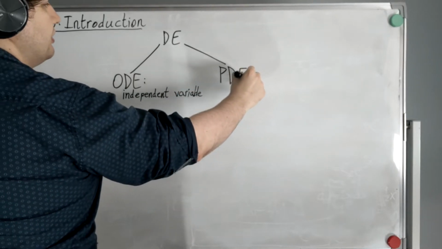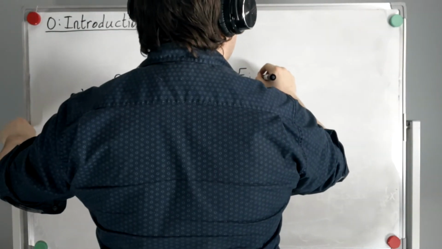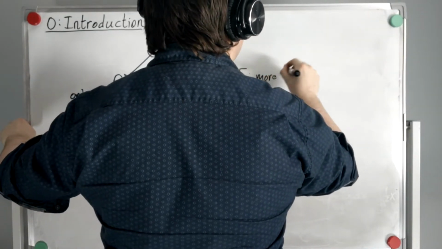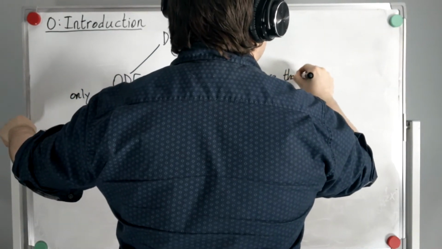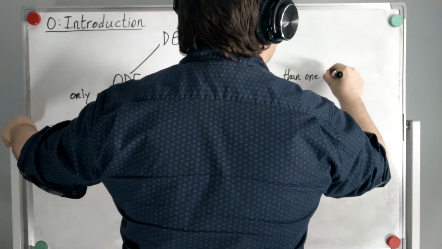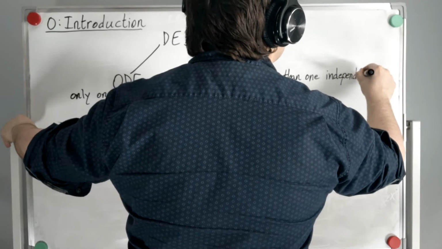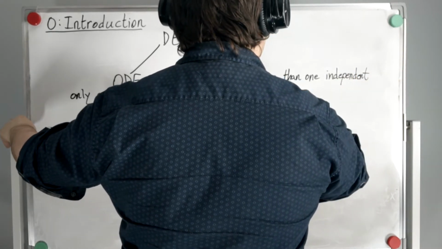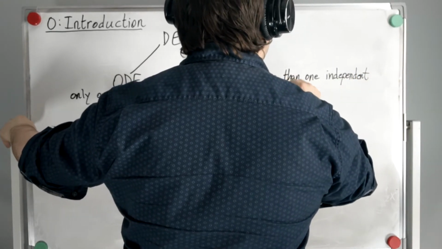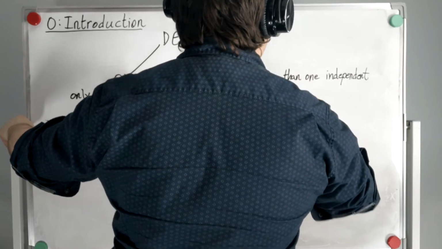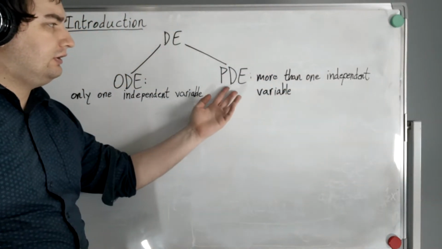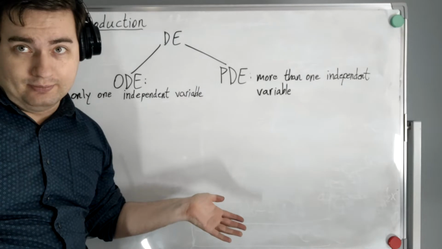On the other hand, partial differential equations have more than one independent variable. Okay? And the reason why they're called partial differential equations is because they have partial derivatives in them.